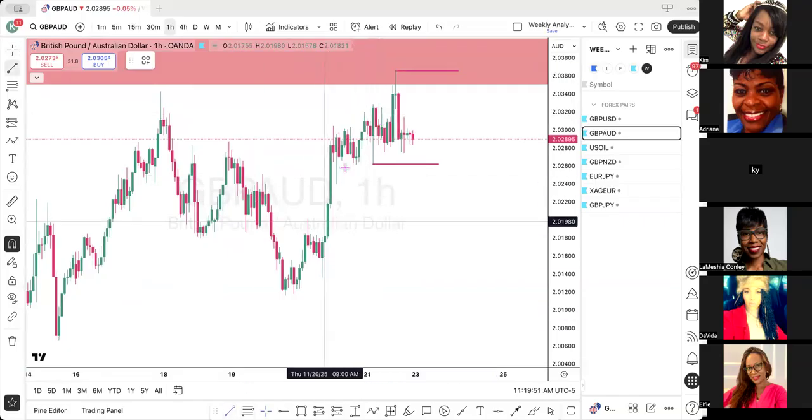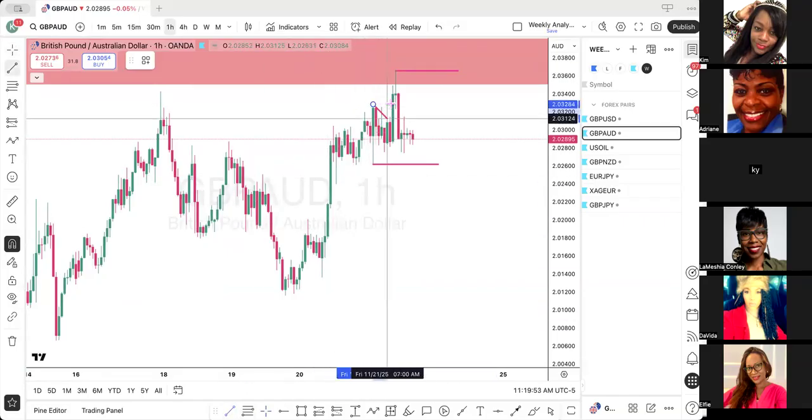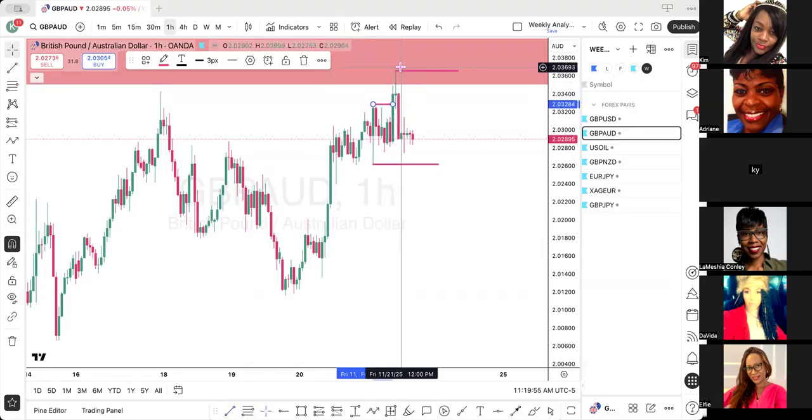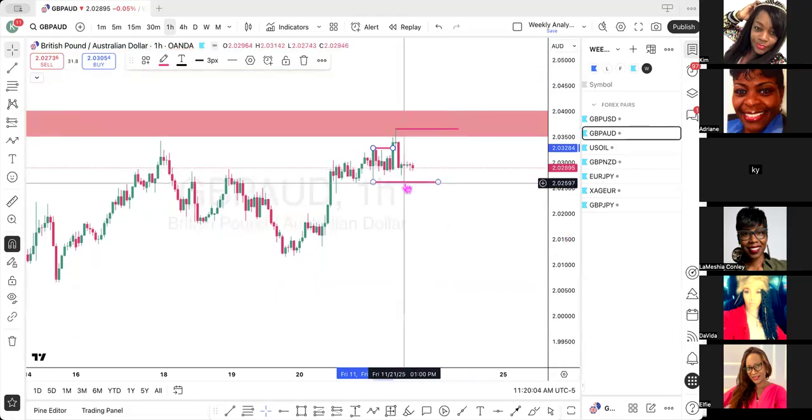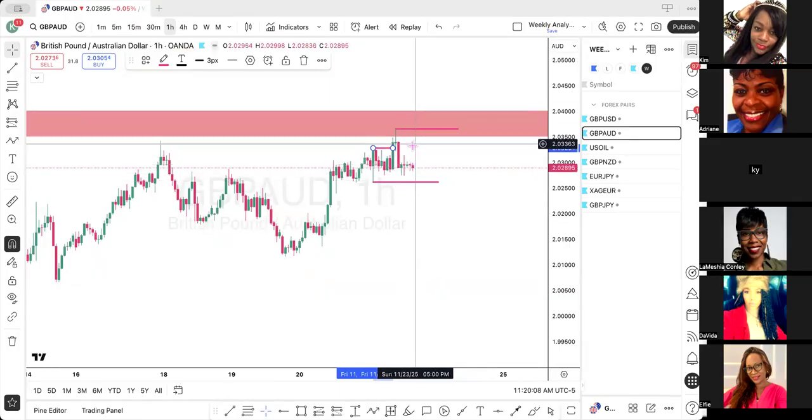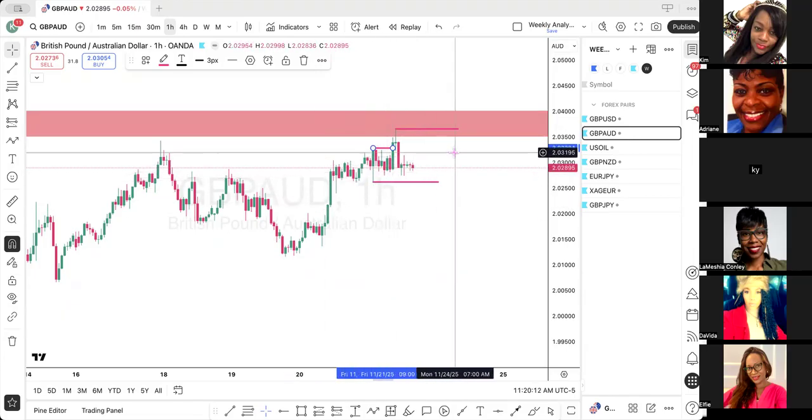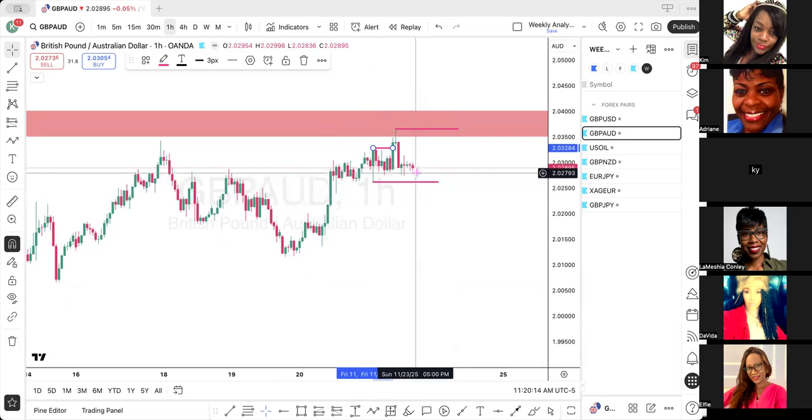Yep, so this was the break of structure here. It tapped into the zone, but until it shifts structure, it's still bullish. But once it breaks either the high or the low, if it breaks the low, then you'll start looking for your sells.